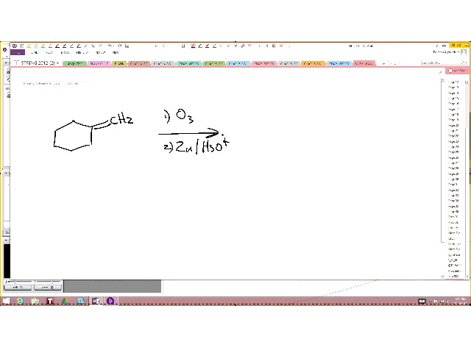What will be the product of this here? We get a ketone and an aldehyde, in this case the simplest aldehyde, because we are going to cleave this. This here becomes formaldehyde, and this here becomes, in this case, the ketone cyclohexanone.